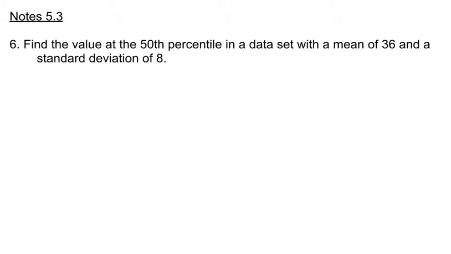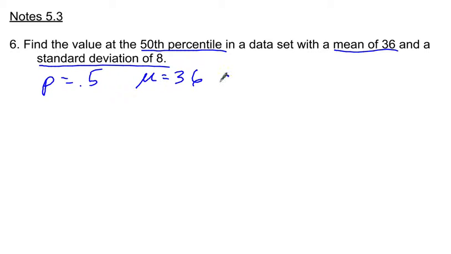In practice problem number 6, we want to find the value at the 50th percentile in a data set with a mean of 36 and a standard deviation of 8. Now, as we work through this problem, the answer should not be a surprise. The 50th percentile corresponds to a p-value of 0.5. We have a mean of 36 and a standard deviation of 8.